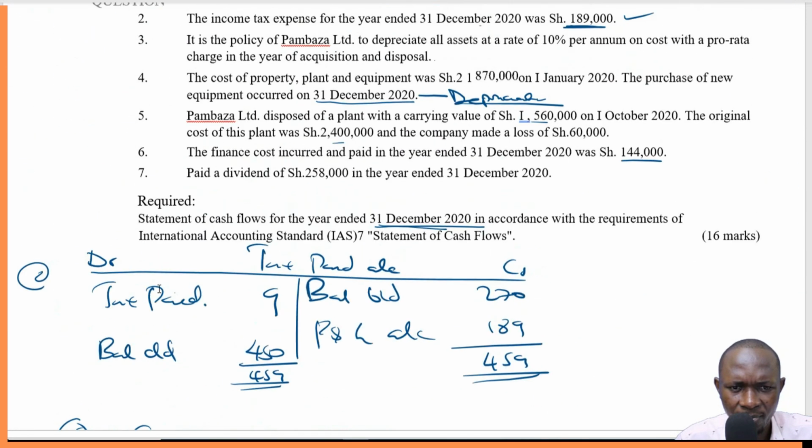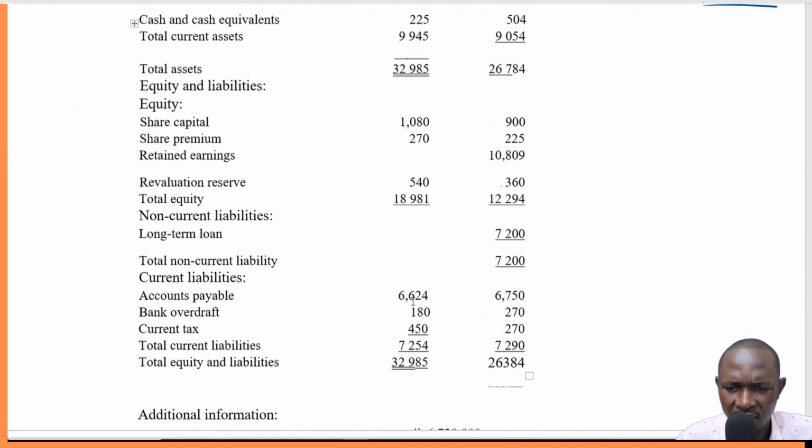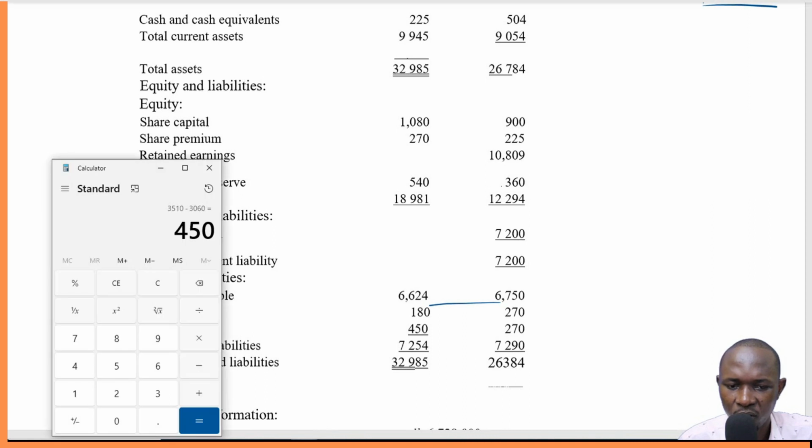Then we have accounts payable. Accounts payable now is a decrease. You can see from 6750 to 6624. So we'll say 6750 minus 6624. That gives us 126.